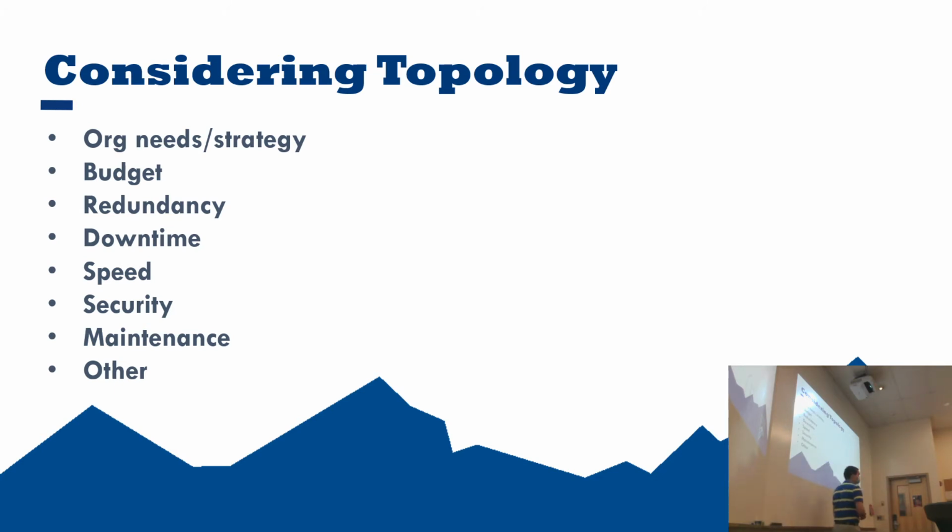Who can tell me what fiduciary duty is? So fiduciary duty says that the executives and the chair and board people and anyone else with decision-making power, really, is expected to act in the best interest of the shareholders or the owners of the firm. And if we think about that, if we go above a budget, is that acting in the best interest of the firm? No, it's not. So we definitely want to consider the budget. If we don't, we could be violating fiduciary duty or fiduciary responsibility.